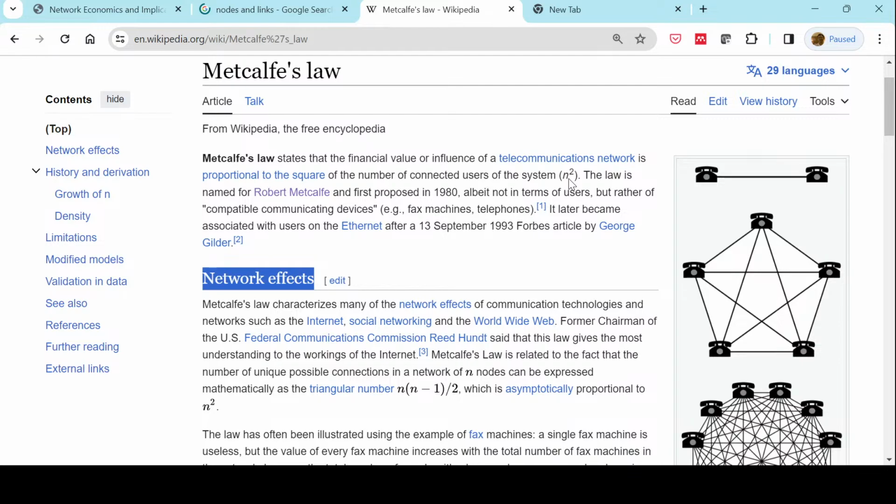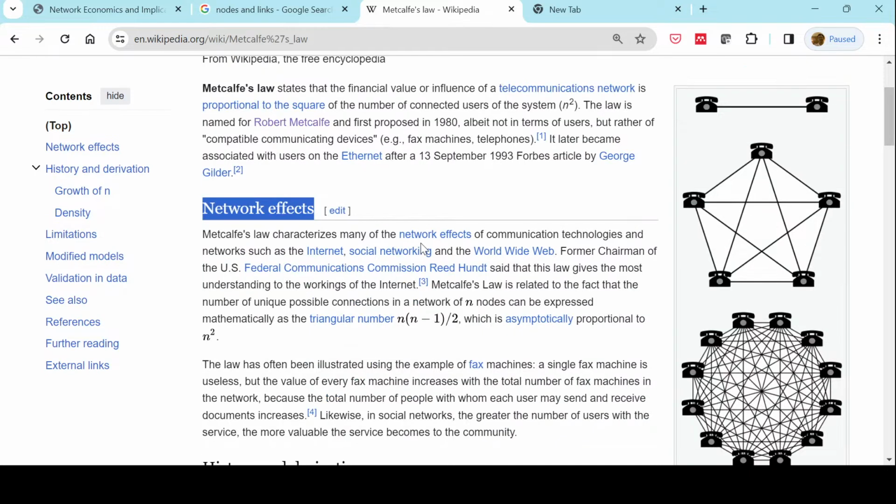For example, fax machine, telephones. It later became associated with uses on the Ethernet. Metcalfe's law characterizes many of the network effects of communication technologies and networks such as the internet, social networking, and World Wide Web.